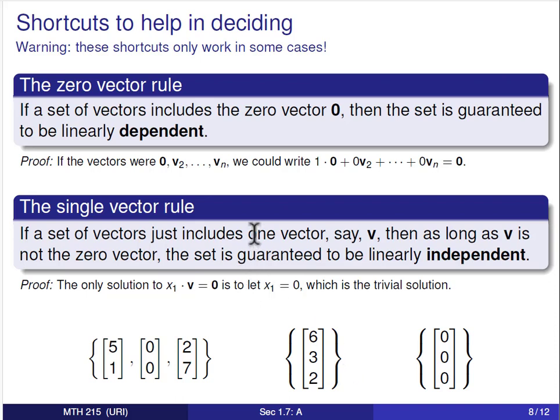And so the rule says that if that vector is not the 0 vector, then the set is linearly independent. So that's the case here. On the other hand, if the single vector in your set is the 0 vector, then we default back to the 0 vector rule, and we find that this last set is linearly dependent.